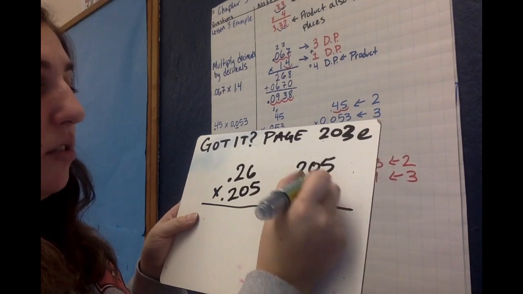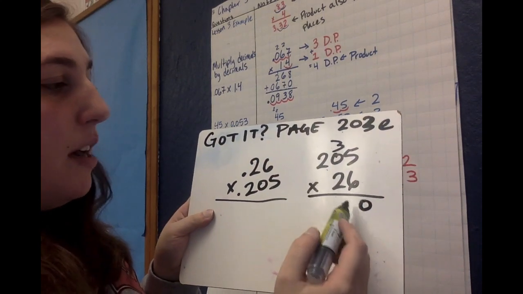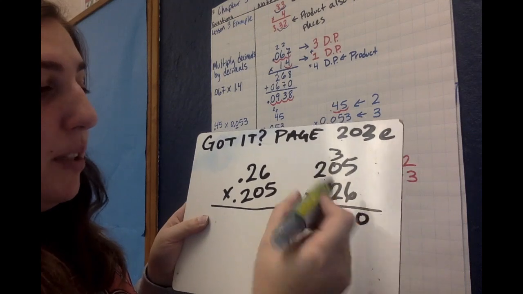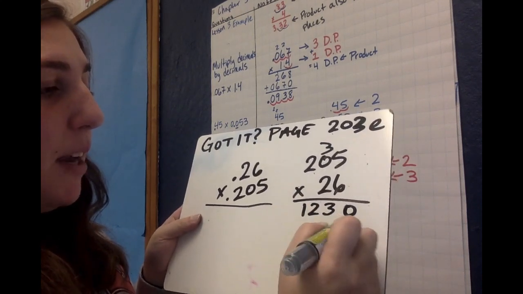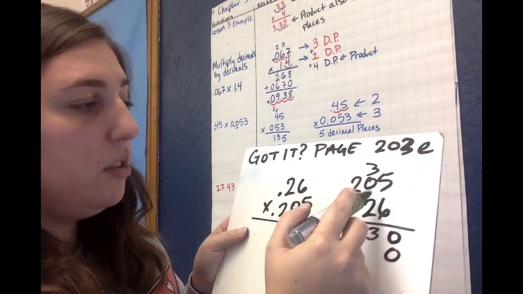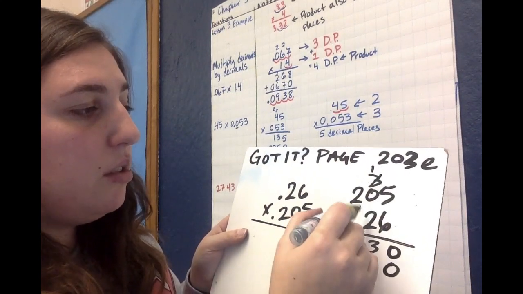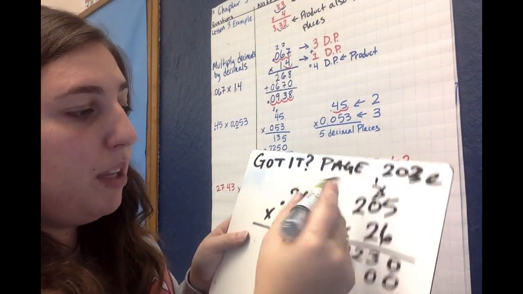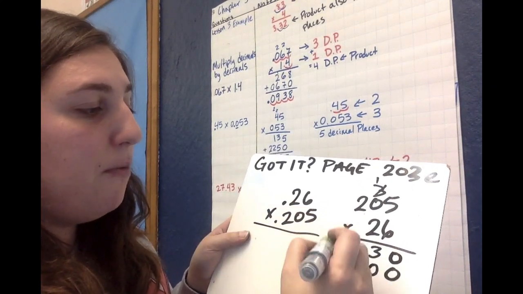I'm going to multiply, so 6 times 5 is 30. 6 times 0 is 0 plus a 3. 6 times 2 is 12. I'm going to add my placeholder there for the 2 because it's not 2, it's 20. 2 times 5 is 10. 2 times 0 is 0 plus the 1. And then 2 times 2 is going to be 4.